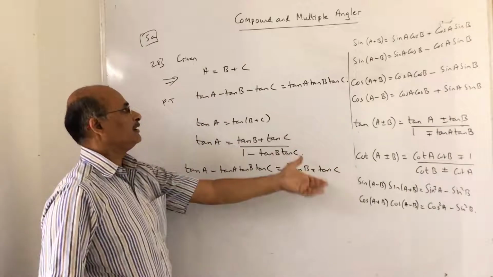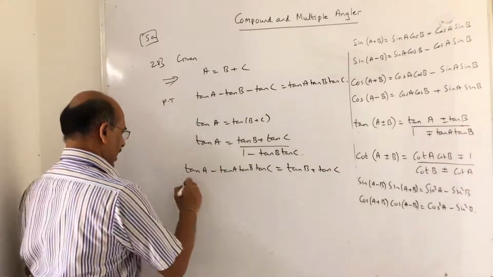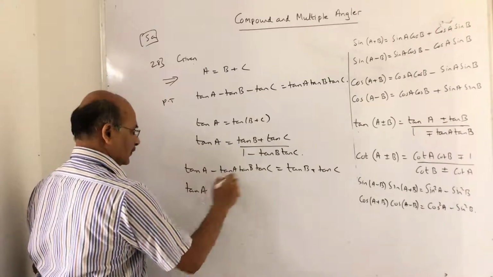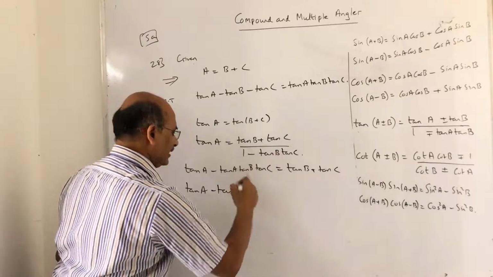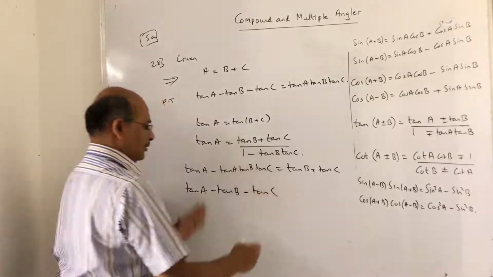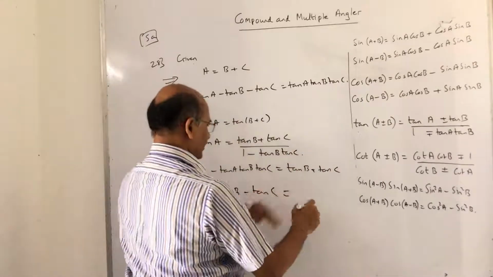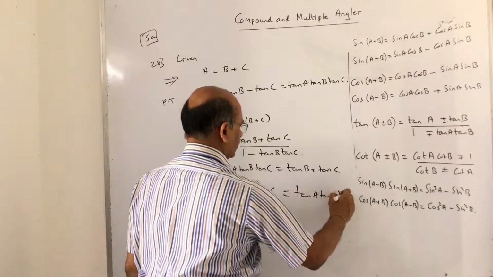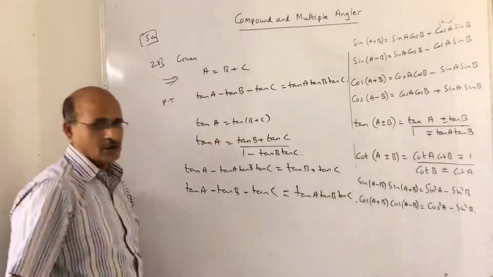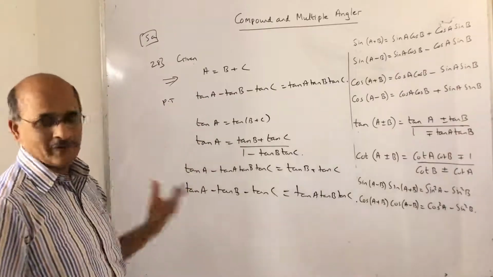Take this side, take that side, prove. Tan A minus tan B minus tan C is equal to, shift this to the other side, that is nothing but tan A tan B tan C. Very similar lines, there is no difficulty at all.